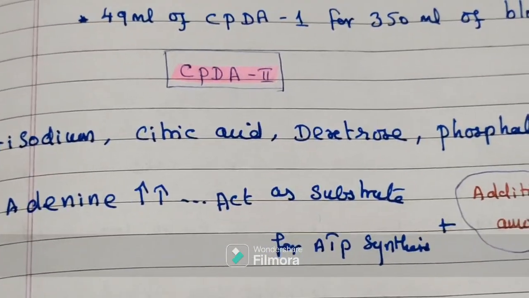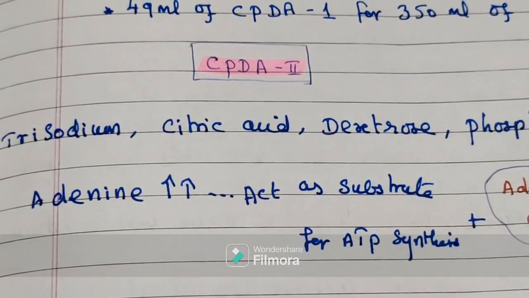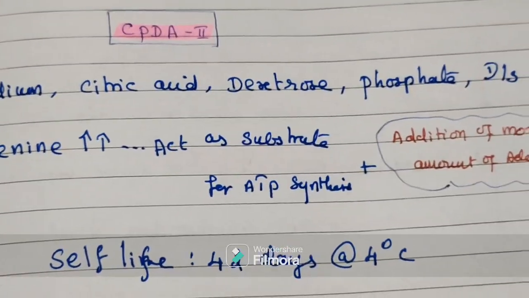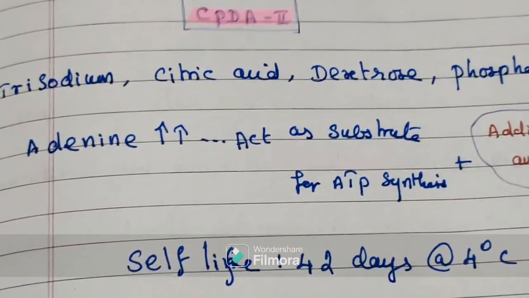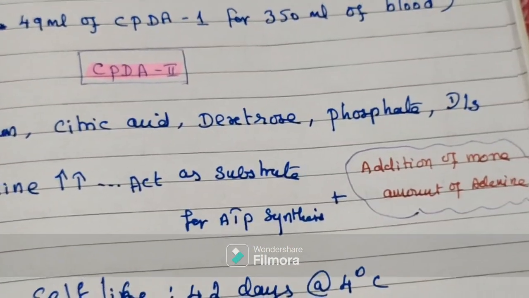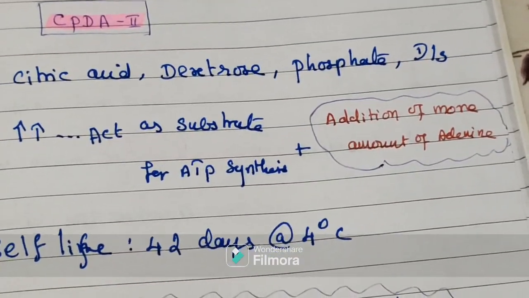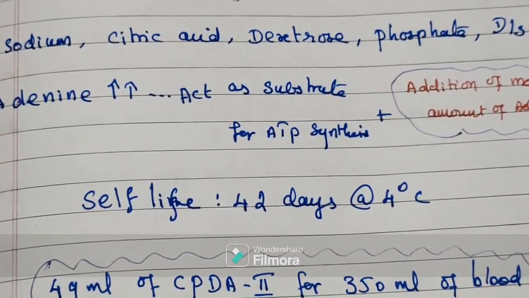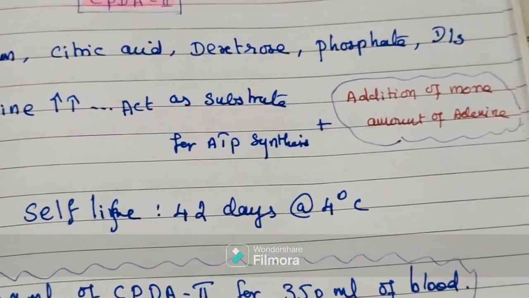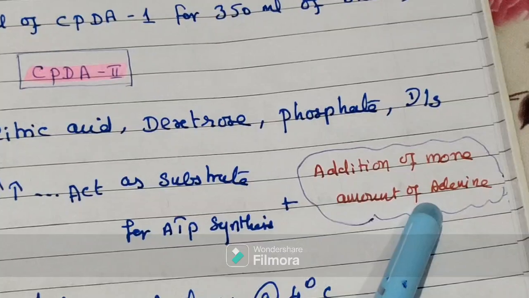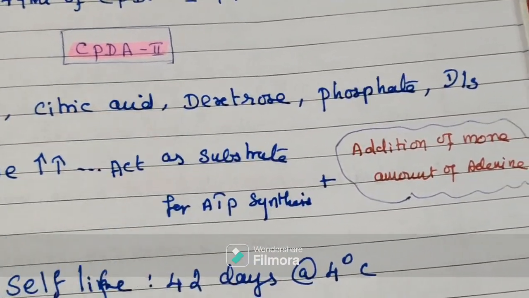Second one is CPDA2, citrate phosphate dextrose adenine 2. All the components are similar, just the amount of adenine is increased. Addition of excess adenine to CPDA1 makes it CPDA2.